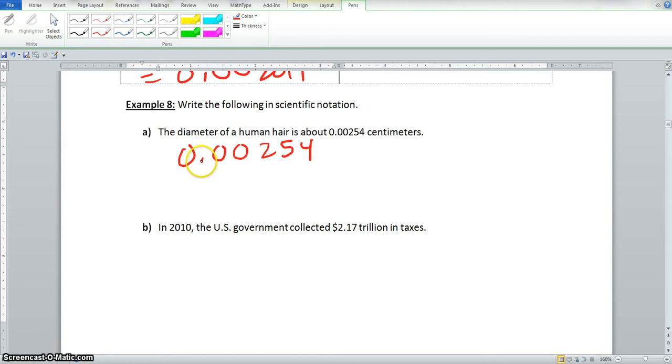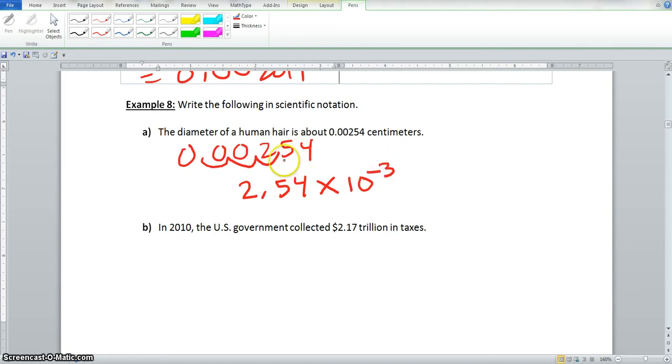So we need to move this decimal 1, 2, 3 places. So we'll have 2.54, and we know this is multiplied by 10, and now we have to put our power. Since we moved this decimal to the right, we will make this a negative power.